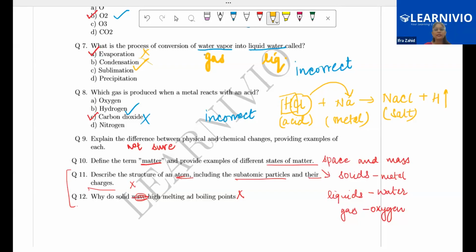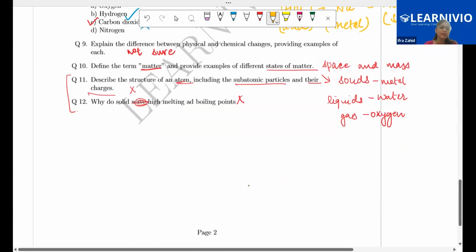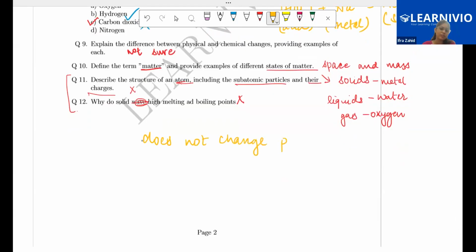Explain the difference between physical and chemical changes. Provide examples of each. So you're not sure of this? No, ma'am, I forgot. Okay. Now, what happens when we talk about a physical change? When we say that a physical change has taken place in anything, then it does not change its properties. The substance's properties are not changed.